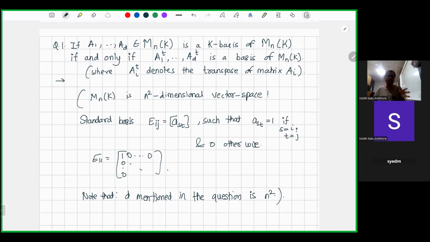So what they are saying is that if A1 to AD is a basis for the vector space of matrices, then the transpose will also form a basis. So let us start with this.